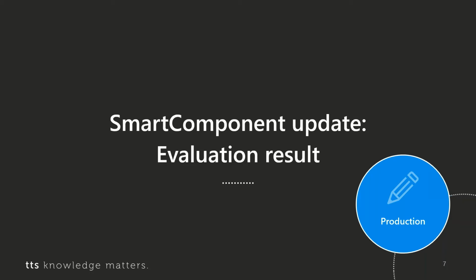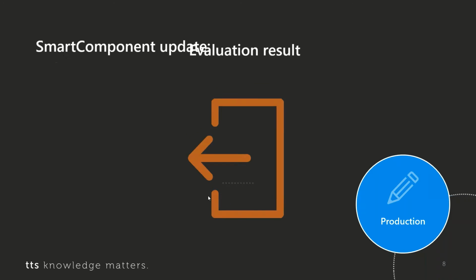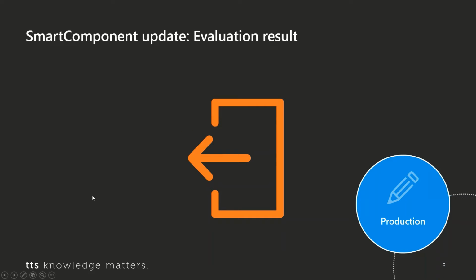Or more or less an update of an existing smart component we already have available, and the update will come with the 2020 R2. It's about the evaluation result page, especially the detailed result page, where you can see how you performed in the different questions after answering them.